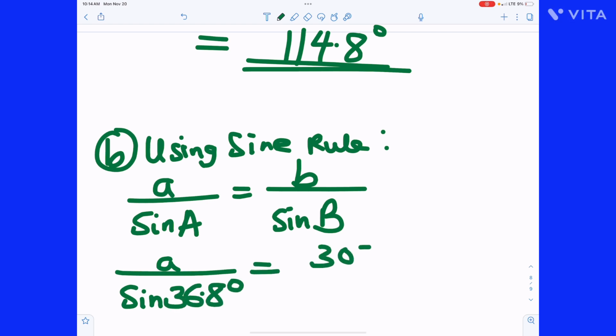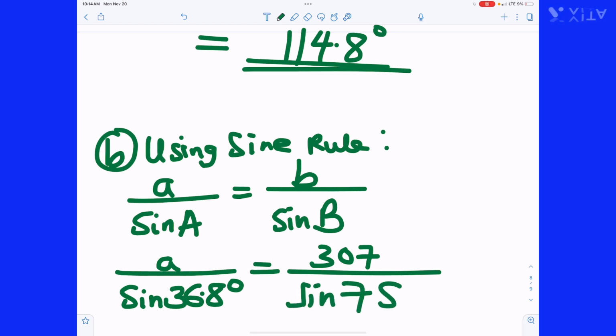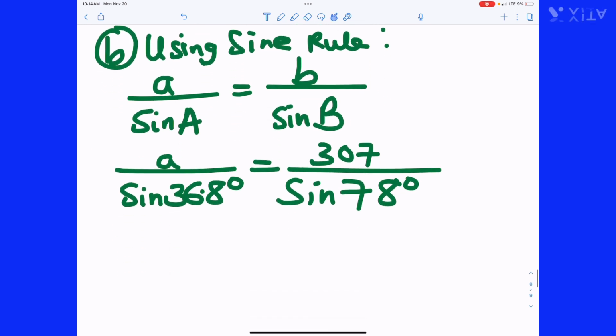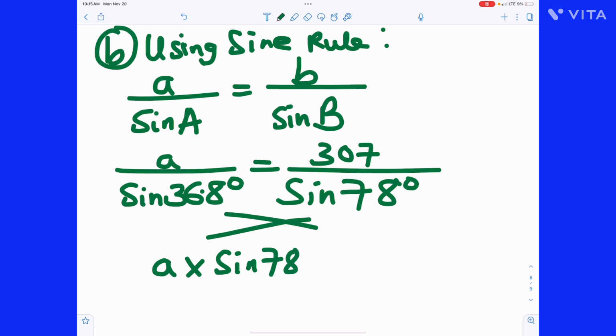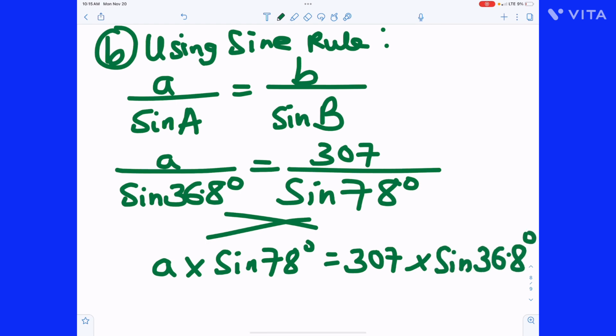B, we know it, 307 meters. Sine B, that is sine 78 degrees. Never mind the way my S is looking. So what do we do? Cross multiply. A times sine 78 degrees is equal to 307 times sine 36.8 degrees.